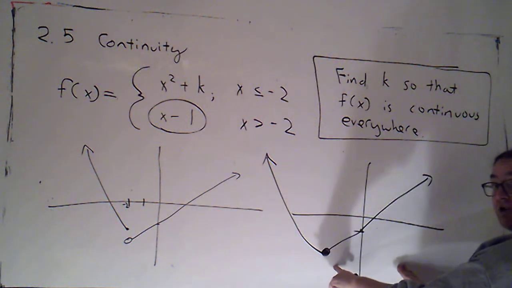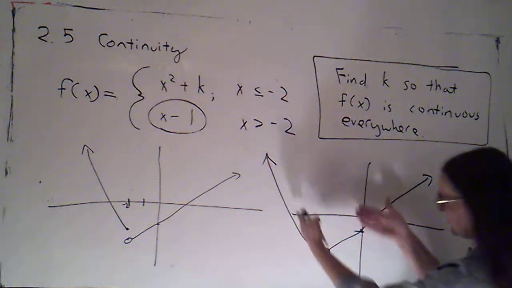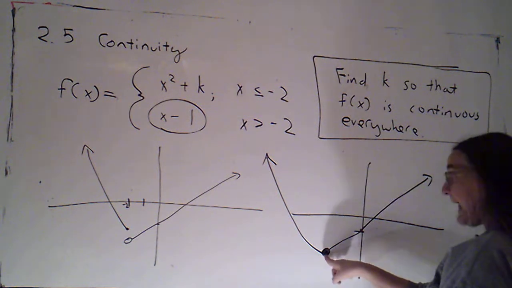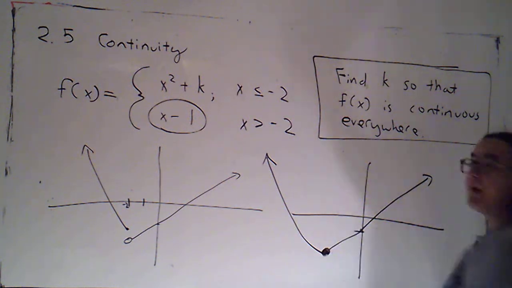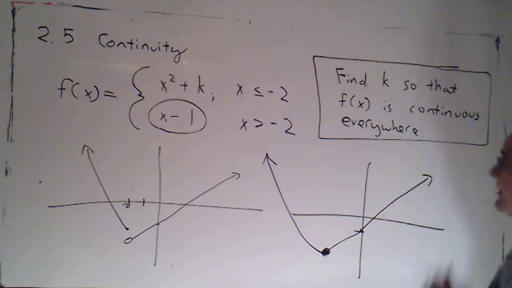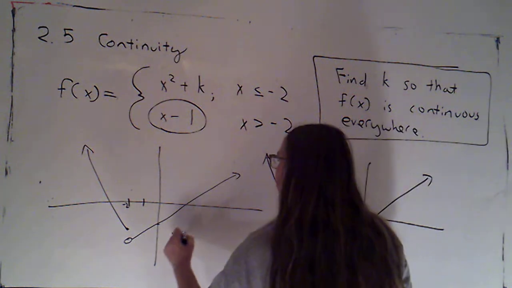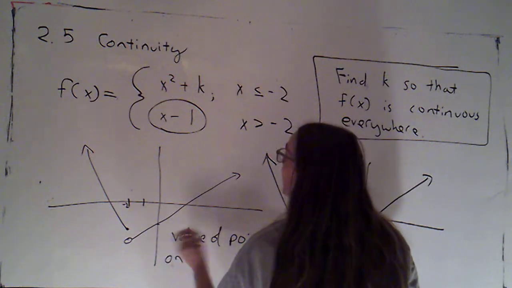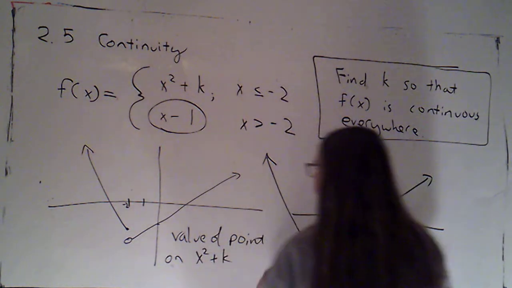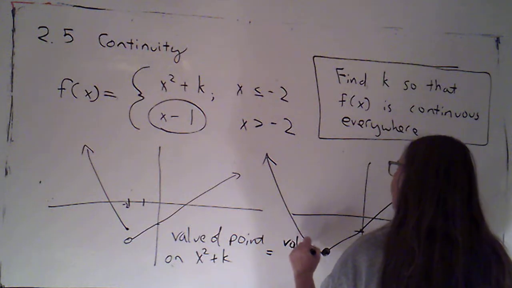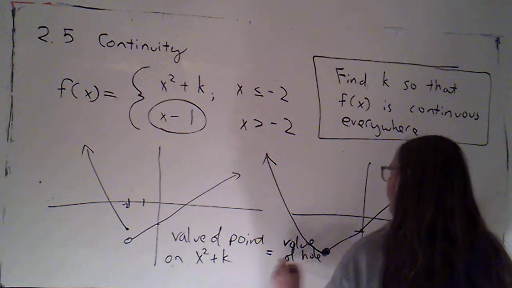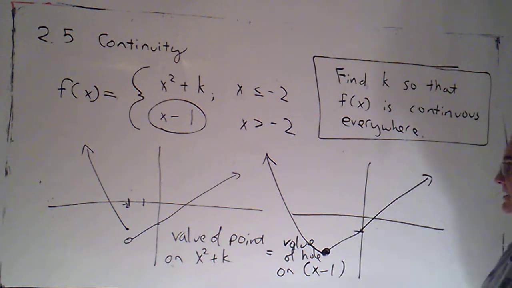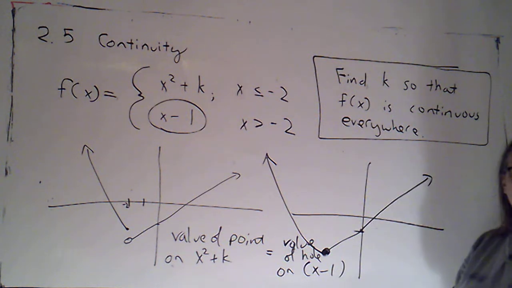If I have this picture, even though I've got sort of an abrupt change, I still have a continuous function, because what I get is what I expect from both sides. So if I'm thinking about it more graphically, I can say the value of the point on x squared plus k has to equal the value of the hole on the line x minus 1. I want the point and the hole to be in the exact same location.